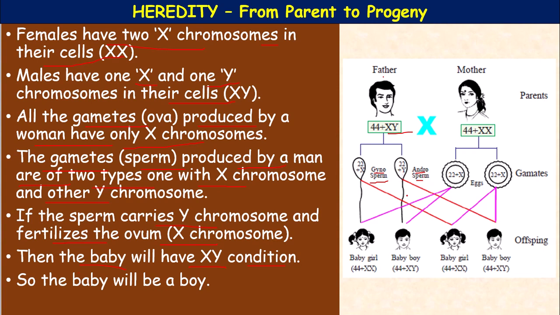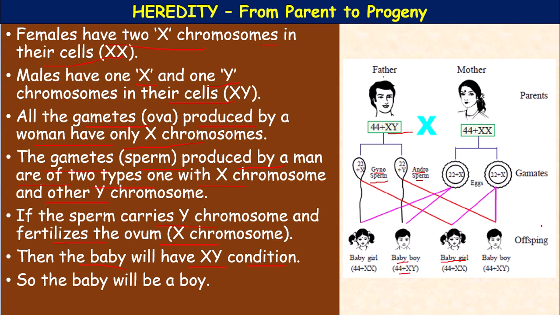So, when this gynosperm combines with the 22 plus X chromosome of the egg, then a baby girl is produced. The combination is 44 plus X and X, whereas here you can see the androsperm combines with the egg with 22 plus X and produces a boy, that is a 44 plus XY combination.